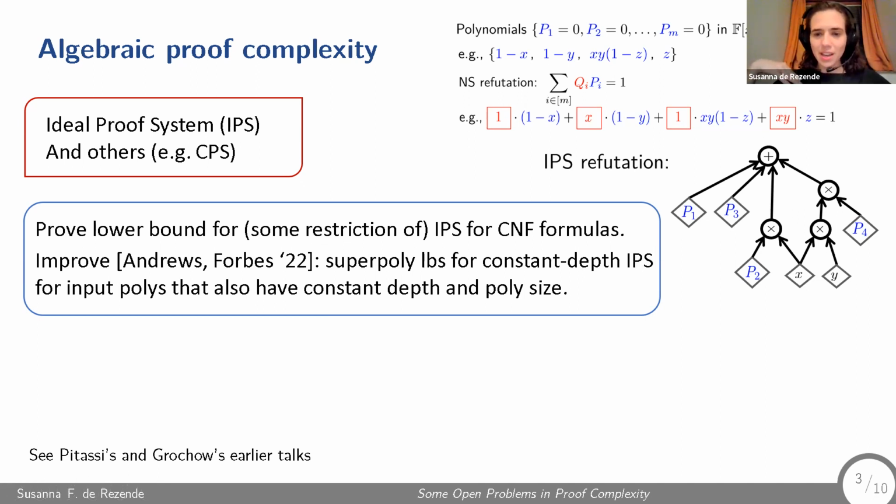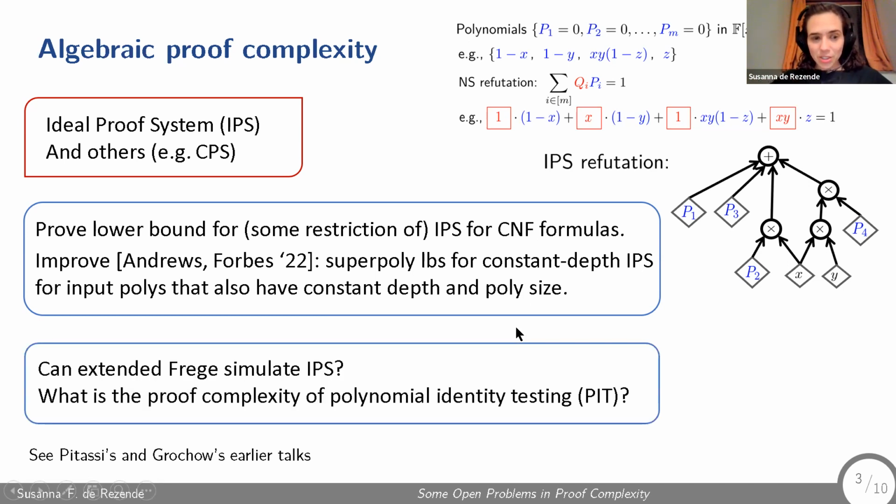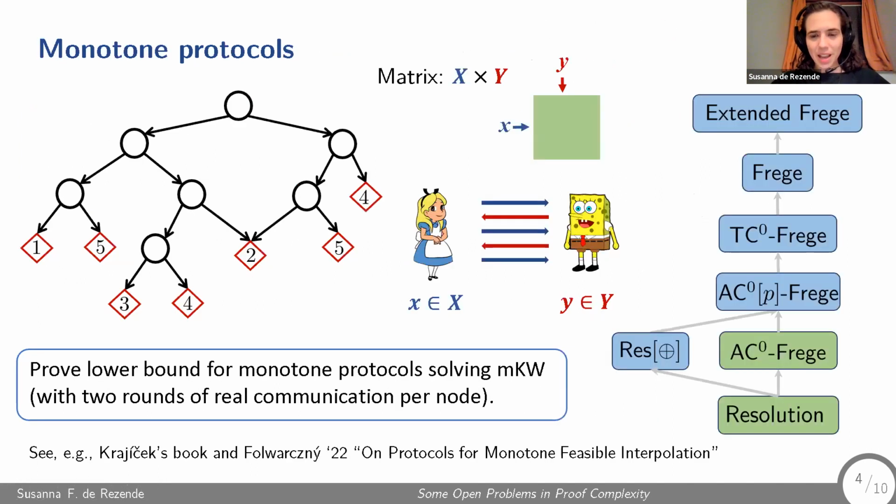So it would be good to improve this for input polynomials that have constant depth. And then there's the question of whether extended Frege can simulate IPS, which is related to the question of what is the proof complexity of polynomial identity testing. Okay, so this is for algebraic proof complexity.